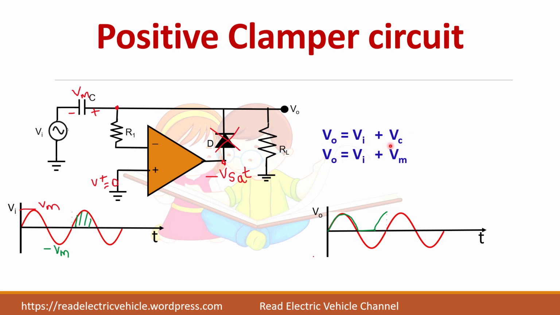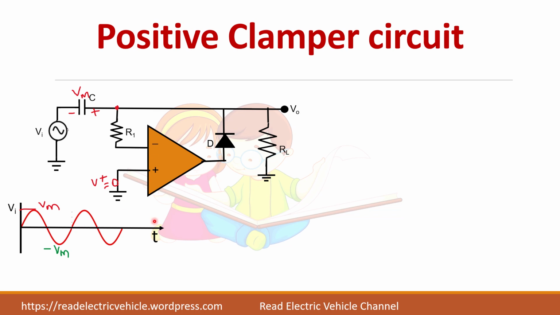The same formula applies: Vi plus Vm. Already this is Vm, because the peak voltage of the sine waveform is Vm, and to that the input voltage Vi will be applied. So your waveform will be like this. After one cycle, the output will be shifted up, and you will get the steady state output after one cycle.